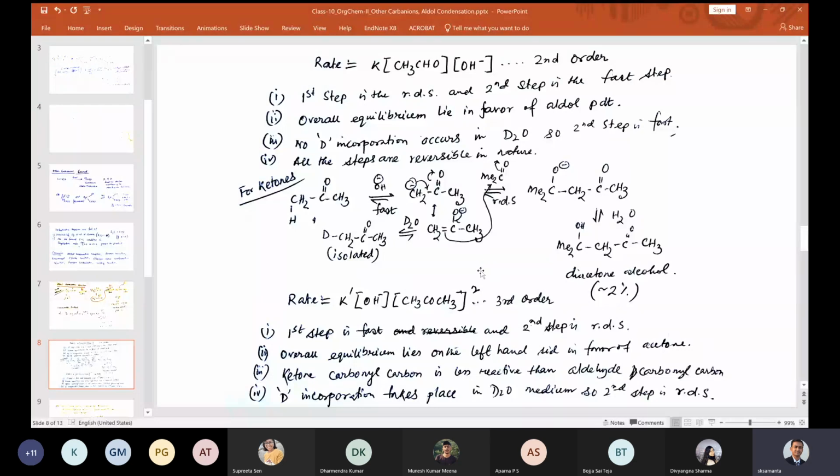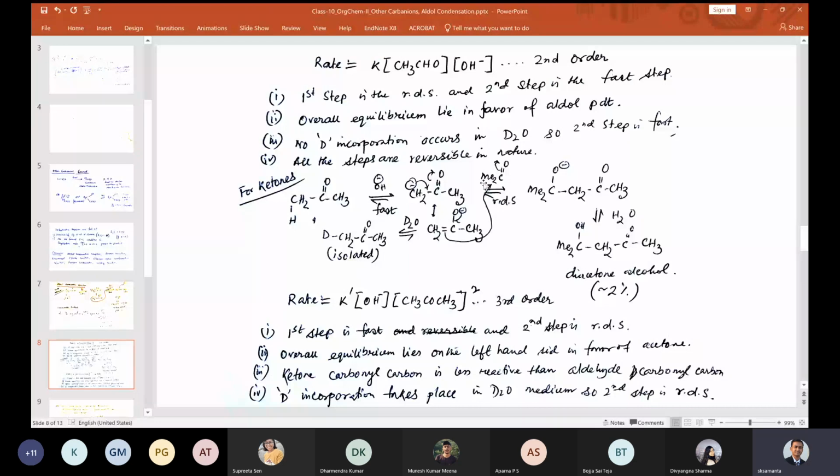Now, in this case, the difference is only in one place. Aldehyde is more reactive than ketone, so this ketone center is less reactive compared to the aldehyde in the previous case. Because this ketone is less reactive, this step now becomes the slow step.